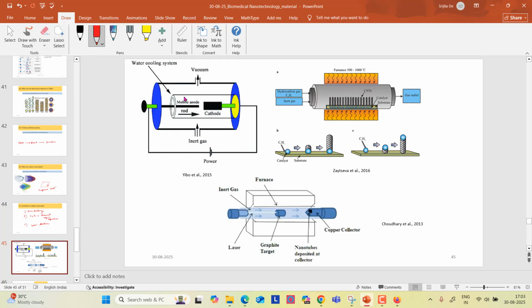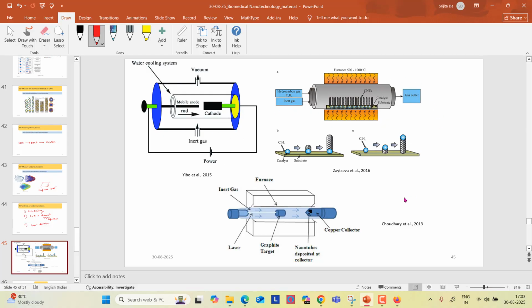In the arc discharge method, two graphite rods, an anode and a cathode, are given, and inert gas is given, and at high temperature when the power is supplied, this graphite will form carbon nanotubes.